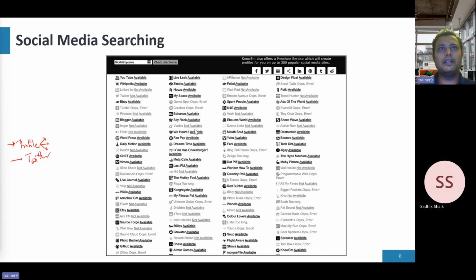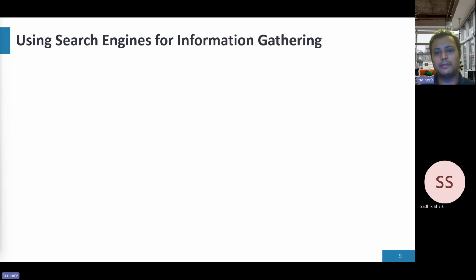Now, how can you use search engines for information gathering? Search engines provide a lot of additional information that you can use. A lot of times we don't use search engines to their fullest capacity, because we don't understand how to use them. For example, we have our company website, and it is there in my social media account.